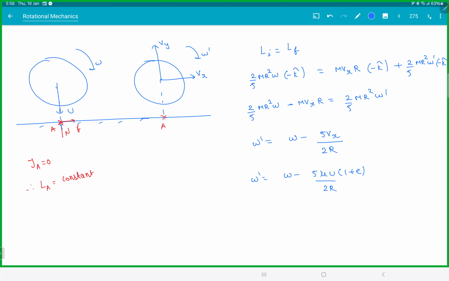But there is a problem now. All this that you did is valid only if Vx is greater than or equal to R omega dash. This is important.